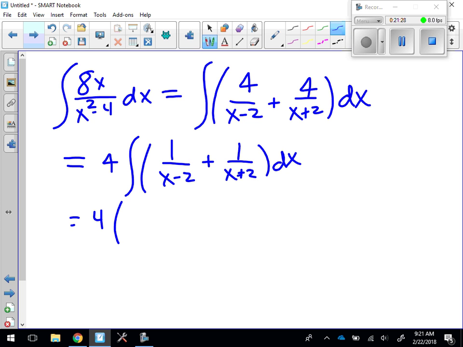Maddie, what is it? There is probably a universe in which we should turn those into absolute value signs just because it's a natural log and who knows what x is, but I'm not going to worry about it. What is the antiderivative of 1 over x plus 2?